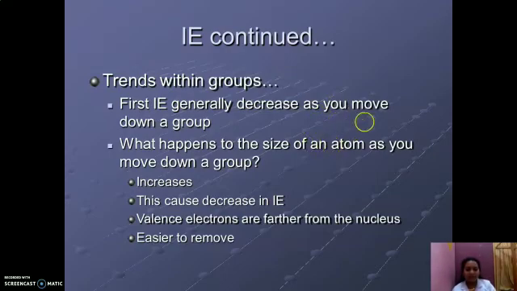Cesium, the last atom, has low ionization energy compared to the first, lithium. So down a group, ionization energy decreases.